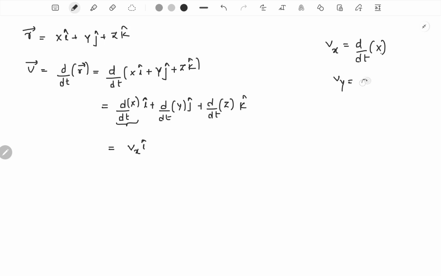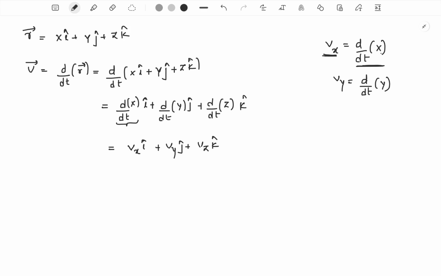Its y component of velocity is given by d by dt of y, Vy into j cap, and Vz into k cap similarly. So the velocity V bar is Vx i cap plus Vy j cap plus Vz k cap. If you look at Vx, it only depends on how the x coordinate of that particular particle changes. So the x component of velocity depends only on the x coordinate of its position and how it's changing.